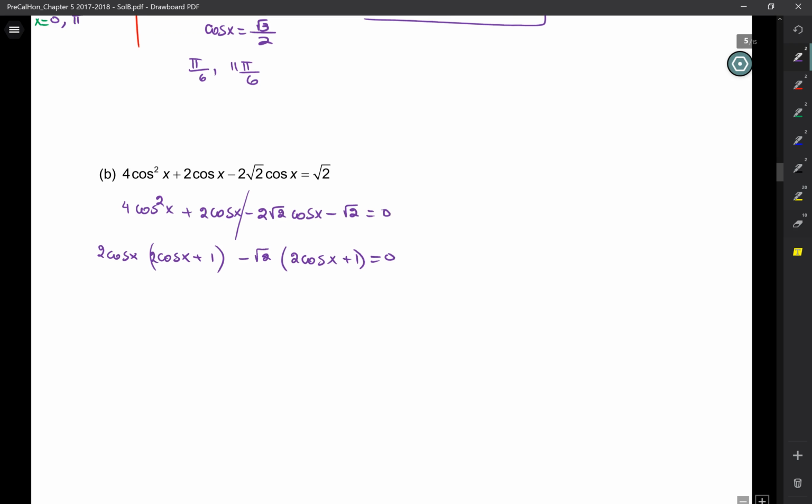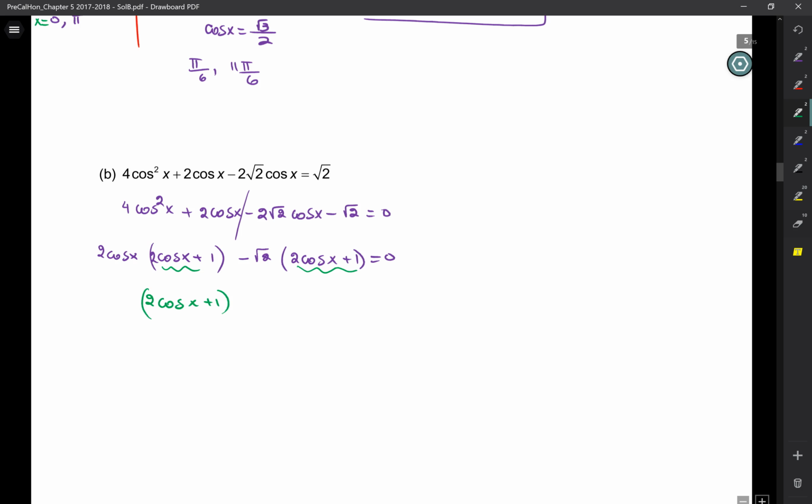Well, I factor out a minus root 2. So then wouldn't it be plus root 2? If you factor out a minus, that means this changes sign and that changes sign. Because let's work back. If we distributed this back, it'll be negative, negative. Okay, all right.